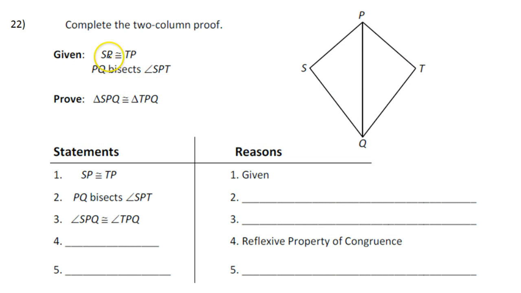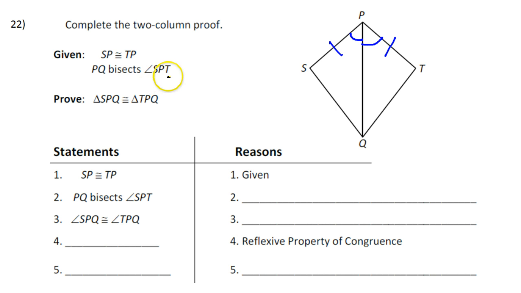Okay, in this one, SP is congruent to TP. SP, TP. PQ bisects angle SPT. If PQ bisects angle SPT, that means it is splitting this angle right down the middle. So angle SPQ should be congruent to angle TPQ.